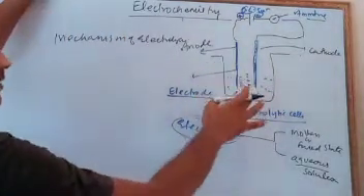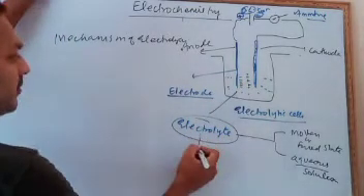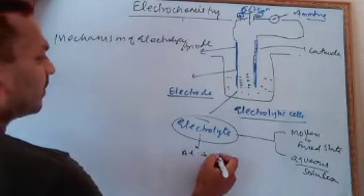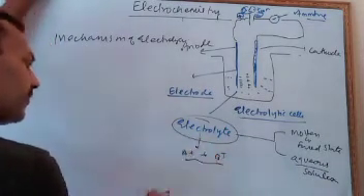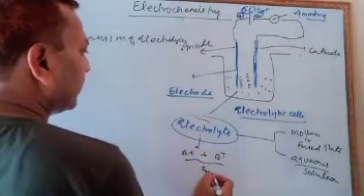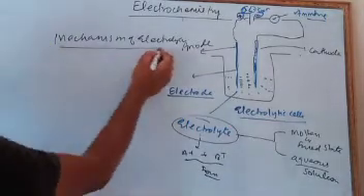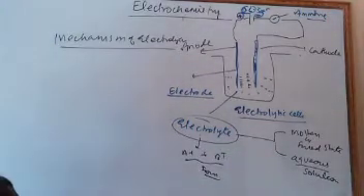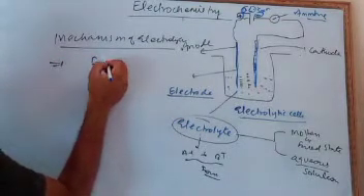When electricity is passed, the electrolyte decomposes into positive ions and negative ions. This mechanism can be explained by ionization theory.